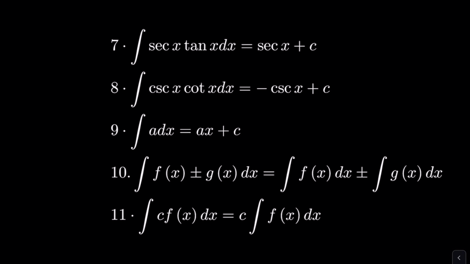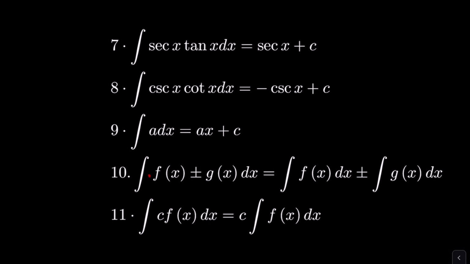Similarly, antiderivative of cosecant times cotan is minus cosecant x. If you want antiderivative of any constant a, it is going to be the same constant multiplied by x plus c. And this is simply because if I differentiate this function, I will get a.